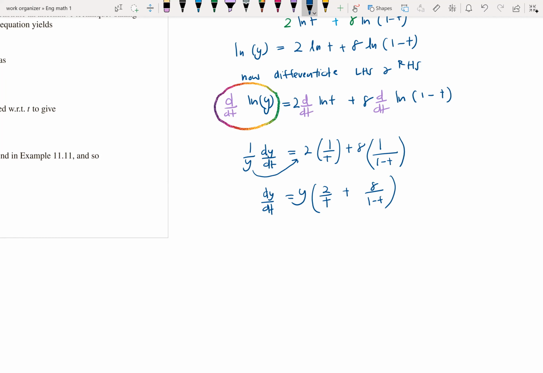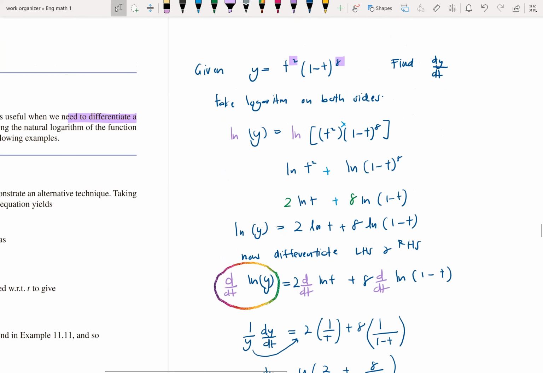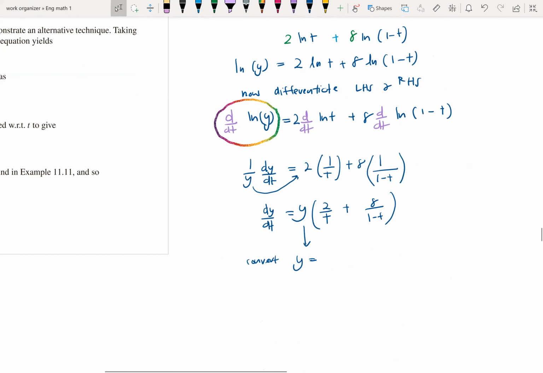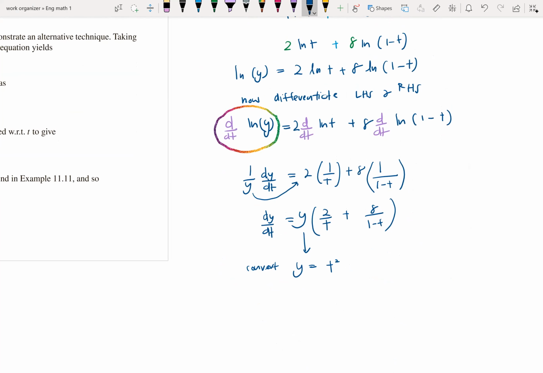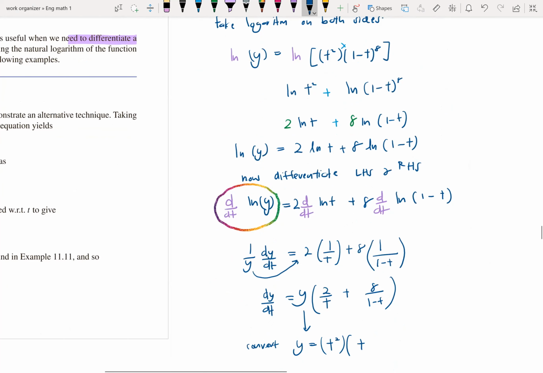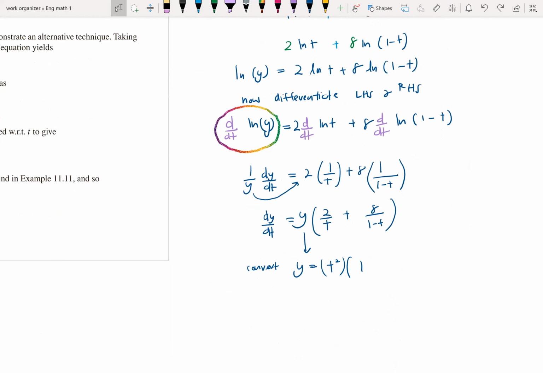Now we have to convert back this y, equal to t squared in bracket, 1 minus t, to the power of 8.